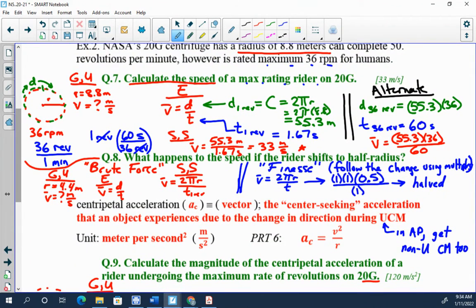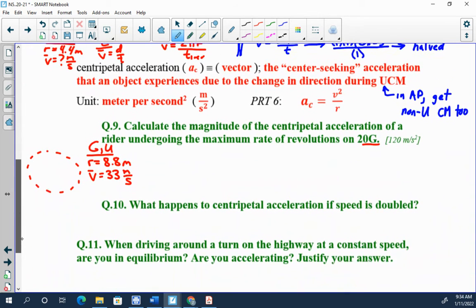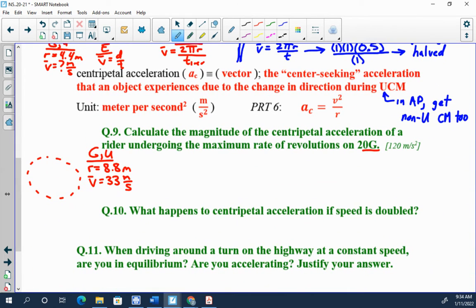Here it is. All right, cool. And we also knew about the 36 revolutions per 60 seconds, and we'll see whether we need that. We knew from this then that the time for one revolution was 1.67 seconds.